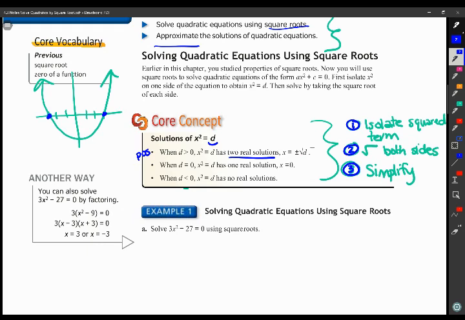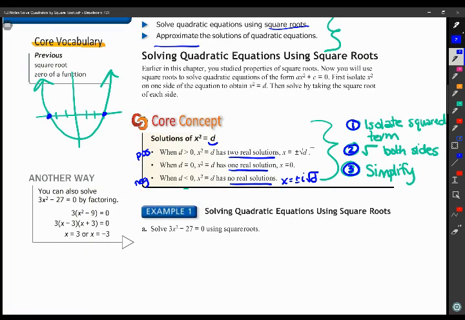If D is equal to 0, then you get one real solution. And if D is less than 0, which means the value you have it set equal to is negative, then you have no real solutions, which means your solution is going to have an i in it.